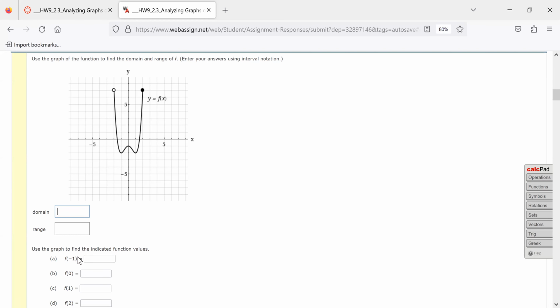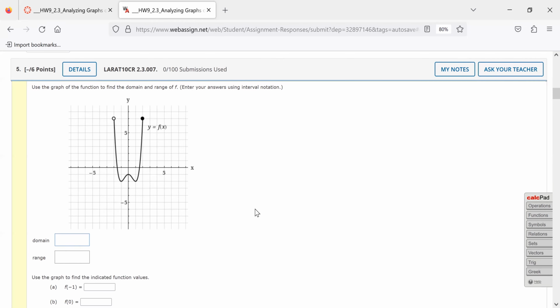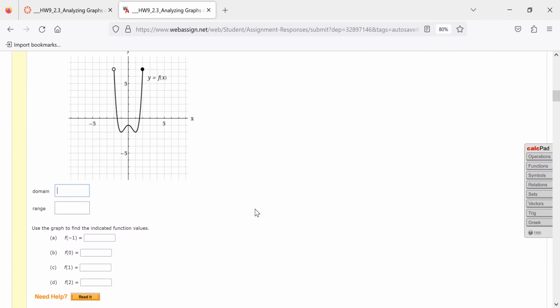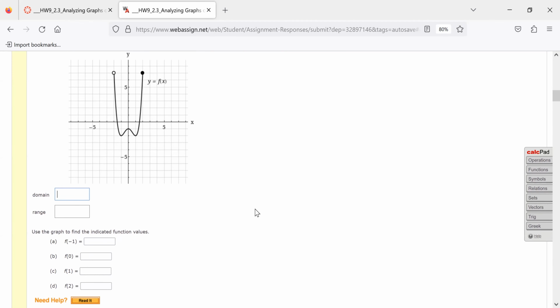Do you remember what the notation meant for functions when you see this? What we said when you see these guys? And we said that means you're plugging it in, right? If you had the equation, you would plug it in and see what happens. Yeah, f of x equals y.